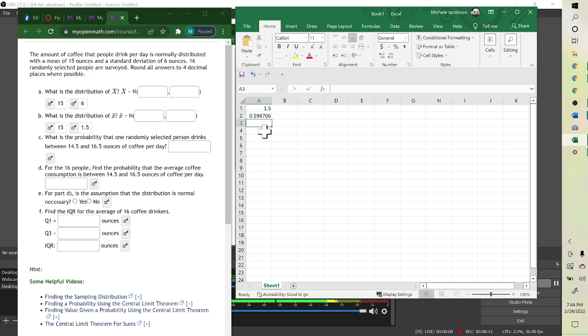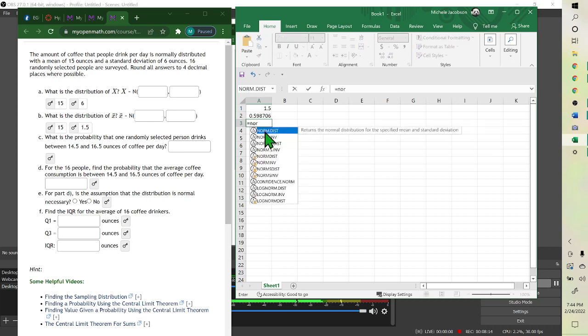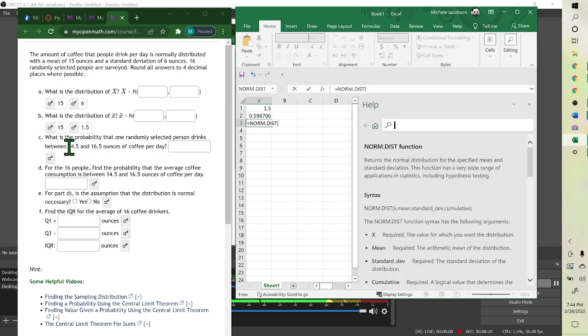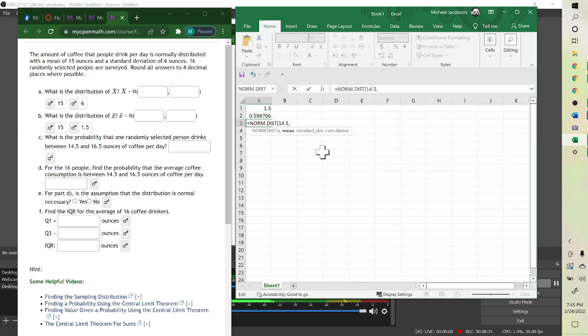We do the same thing, equals norm distribution, and then we put 14.5, comma, 15, comma, 6, comma, 1, and hit enter.